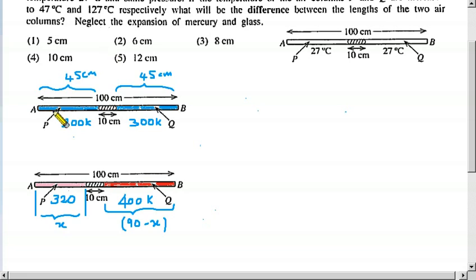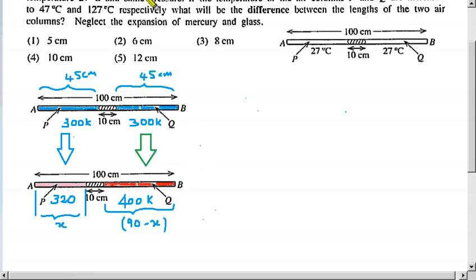So regarding this mass of air column, what happened? The temperature has increased to this state. The right side air column is now also heated up to 400 Kelvin.